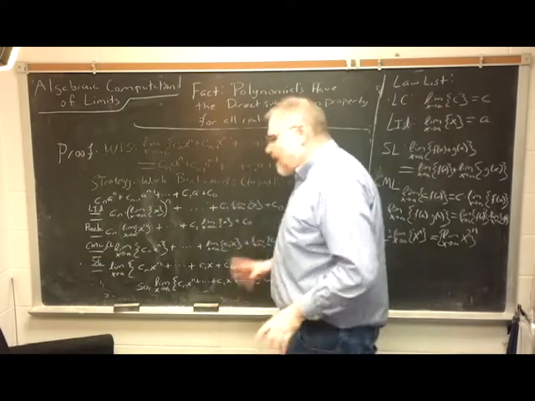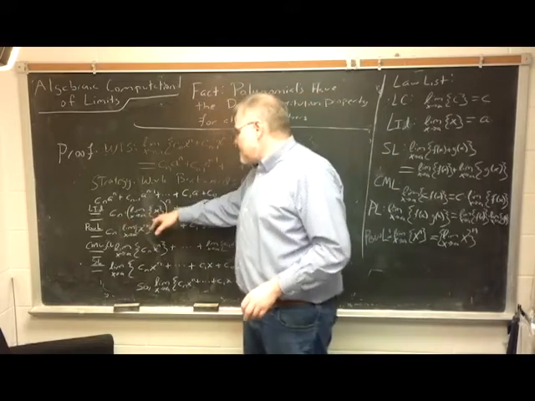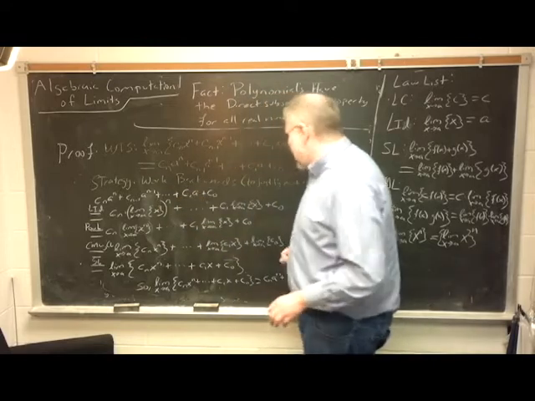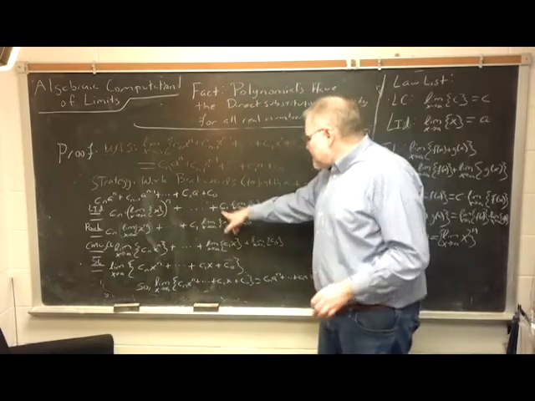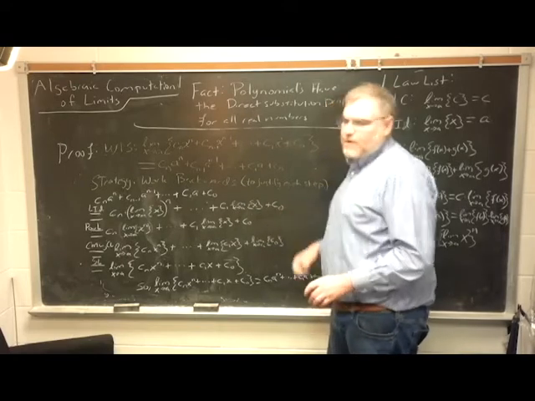I'm just making an algebraic substitution there, and I wind up with c_n times the limit as x goes to a of x^n, and now I'm tired of writing all these middle terms, you know that they're there. I wind up with the last one, c_1 times the limit as x goes to a of x, plus this c_0, which is just hanging out.